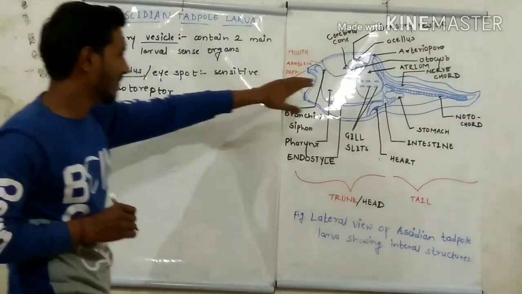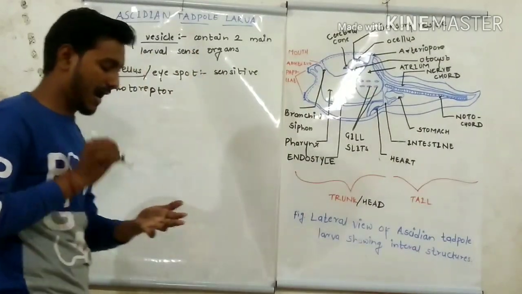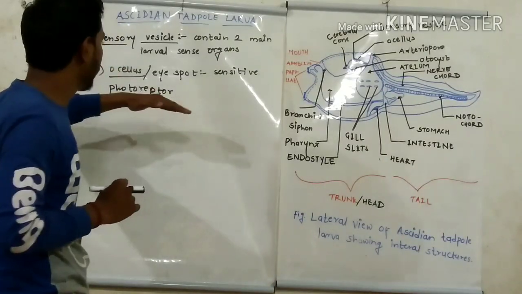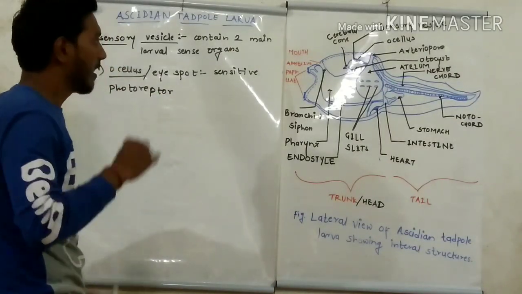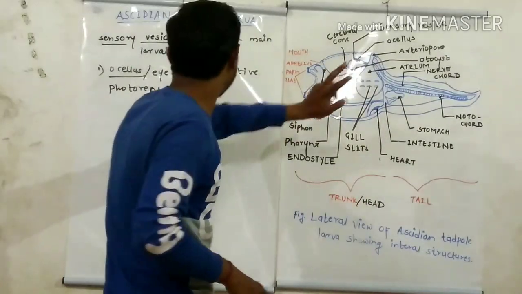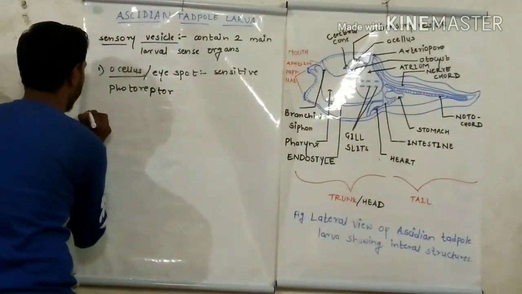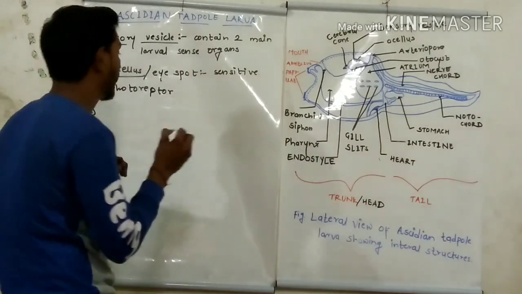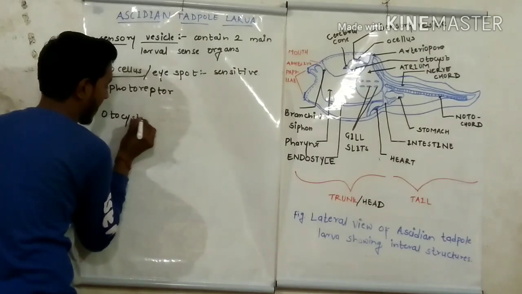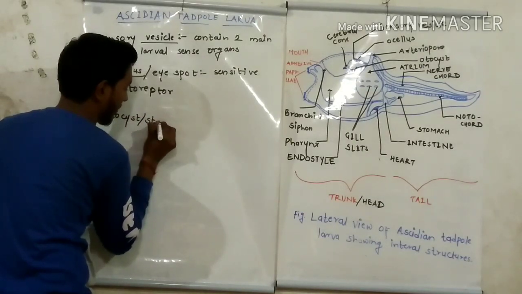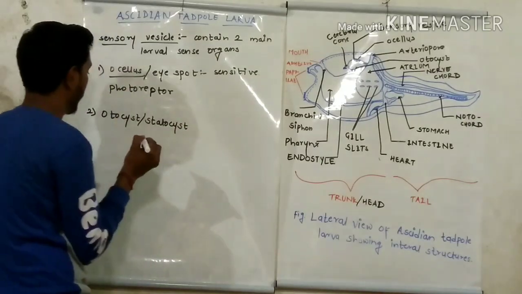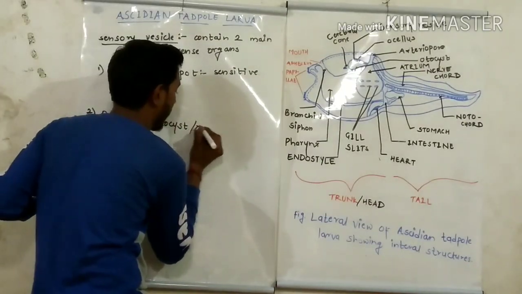The ocellus can't distinguish between colors, but as a sensitive photoreceptor it determines the presence or absence of light. Okay, now the second receptor present in the sensory vesicle is otocyst. It is also known as statocyst or the otolith.